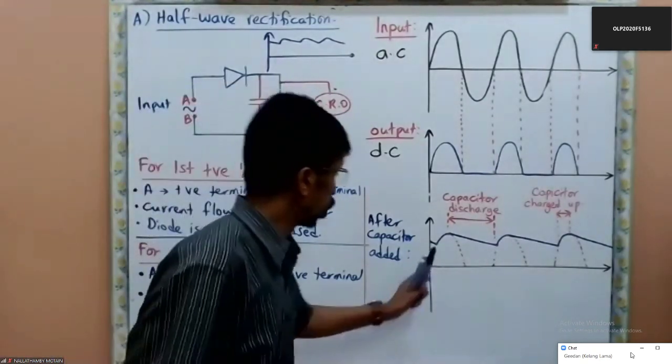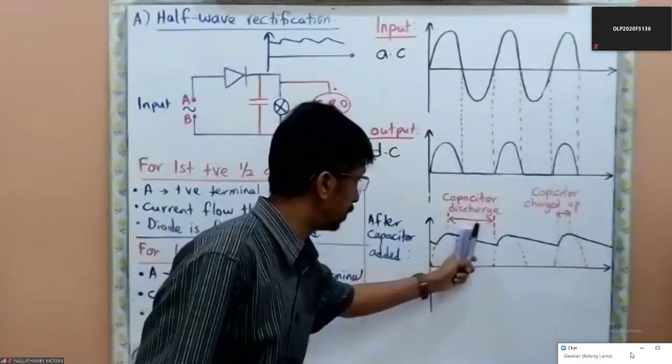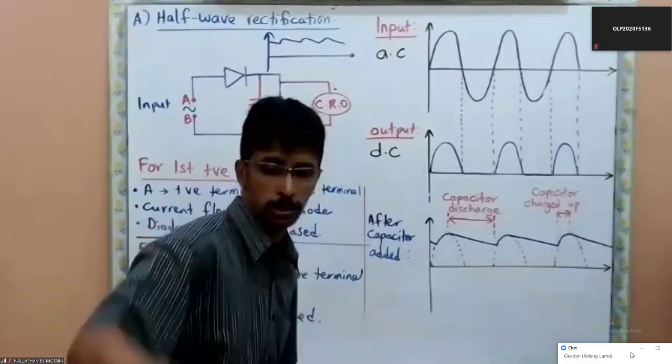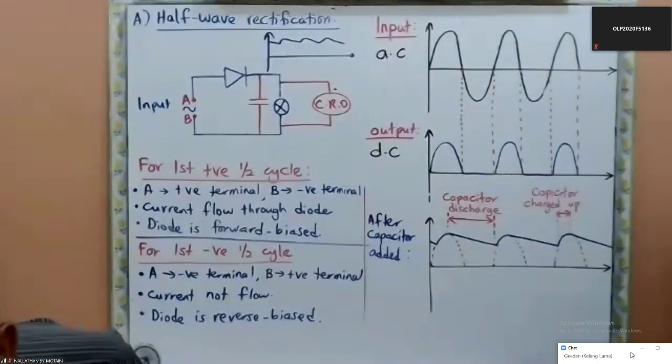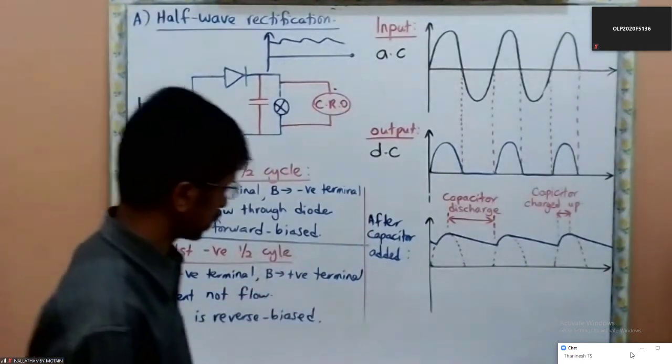So drawing this and also labeling like this, they can give you 3 marks. Okay, they will give you 3 marks. Draw and label. So this is what we call half wave rectification.